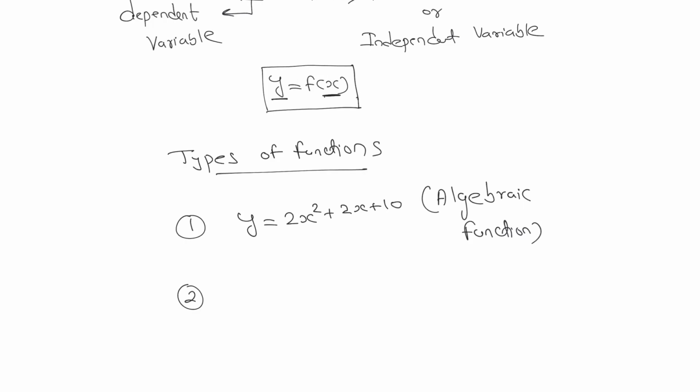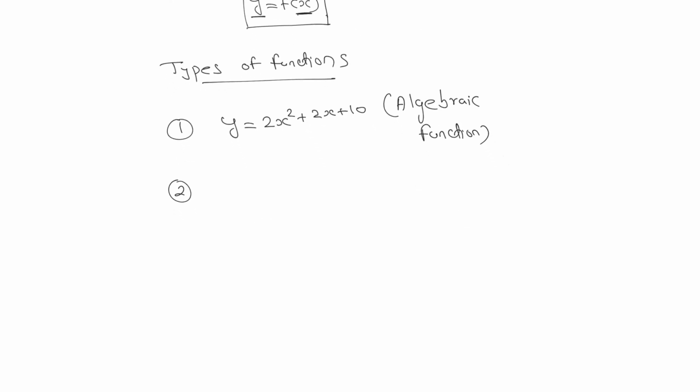And if you are using any trigonometric terms like sine theta, cos theta, tan theta, etc., they are known as trigonometric functions. For example, if y is equal to sine of x, this is a trigonometric function.